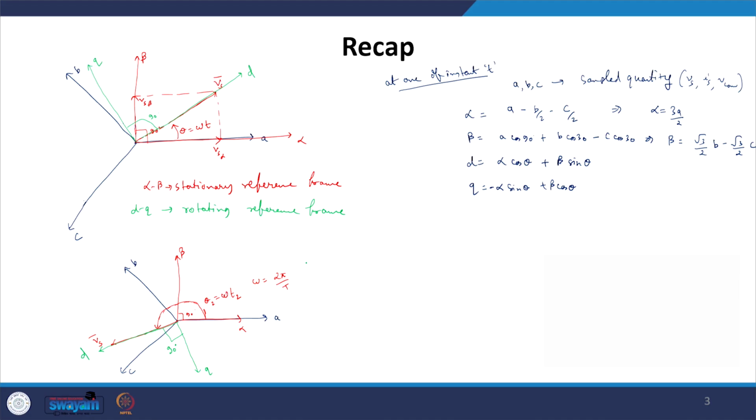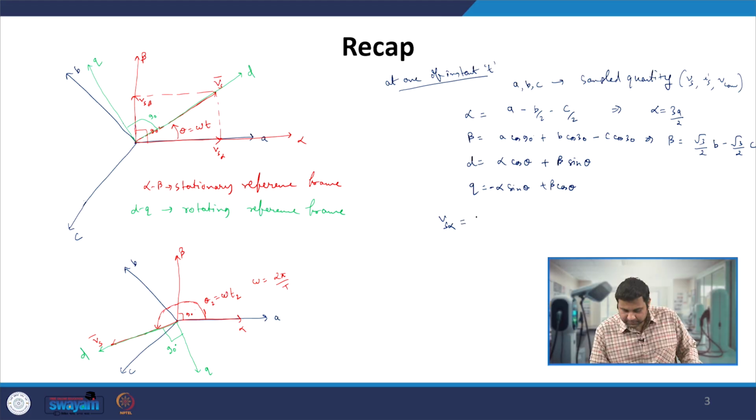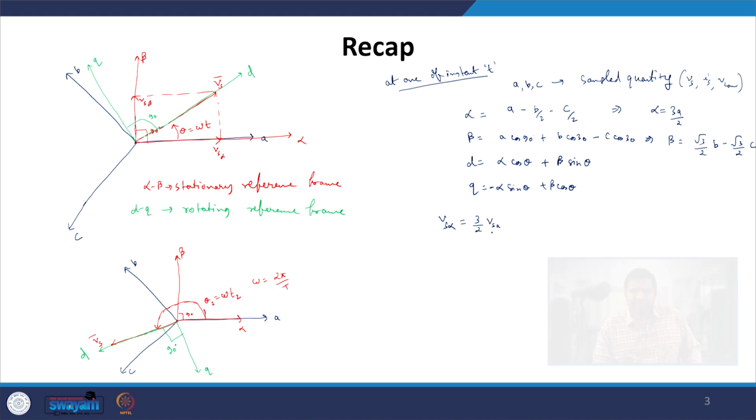Similarly, following these formulas, we can also define Vs alpha, the component of the Vs space vector along the alpha axis. Vs alpha is nothing but 3 by 2 Vsa, which is the sampled A phase voltage value.